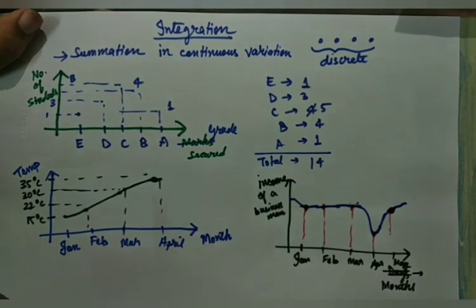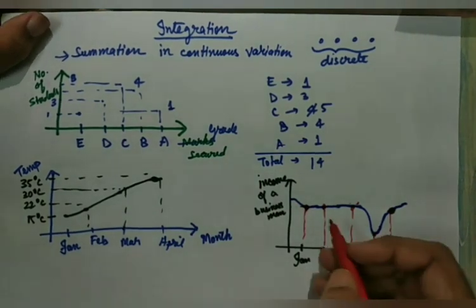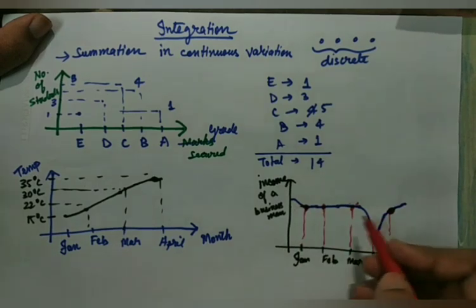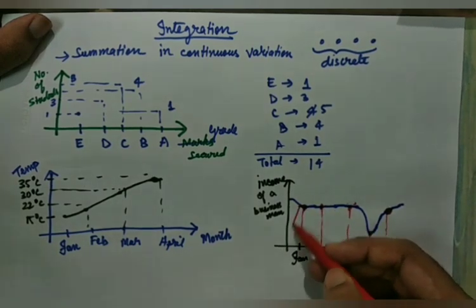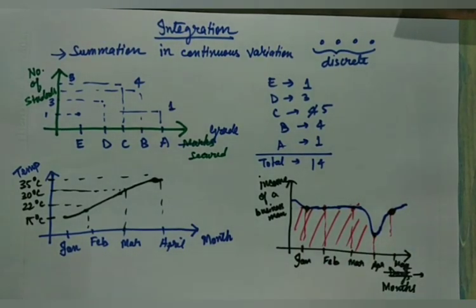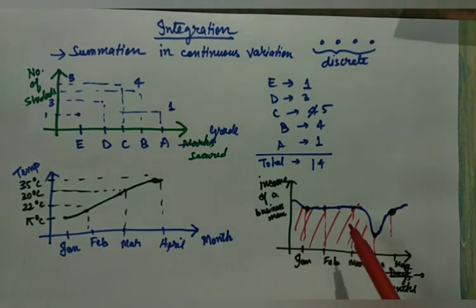So what you have to do is find the total income by integration. That means you have to find the total area. I will explain how. So this is where integration comes into play.